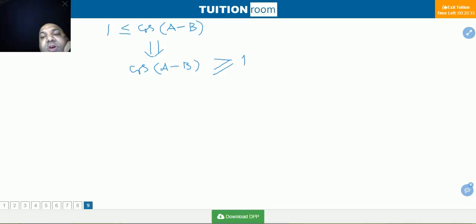Again, a very interesting situation. Cos of any angle cannot exceed 1, hence it will be 1. This implies that A minus B will be 0. Cos 0 is 1, simple thing.